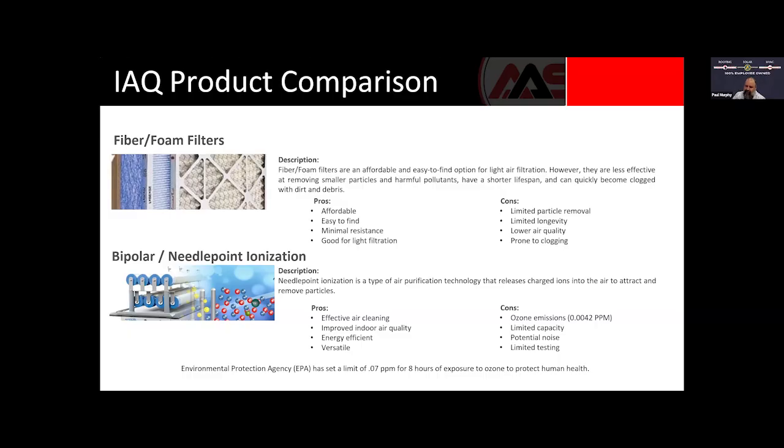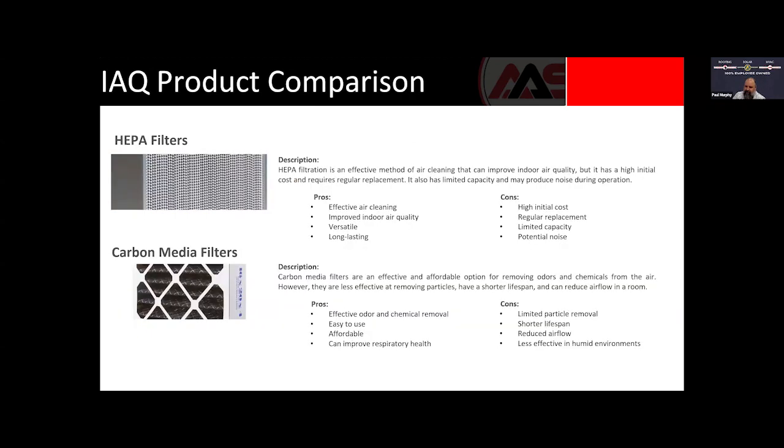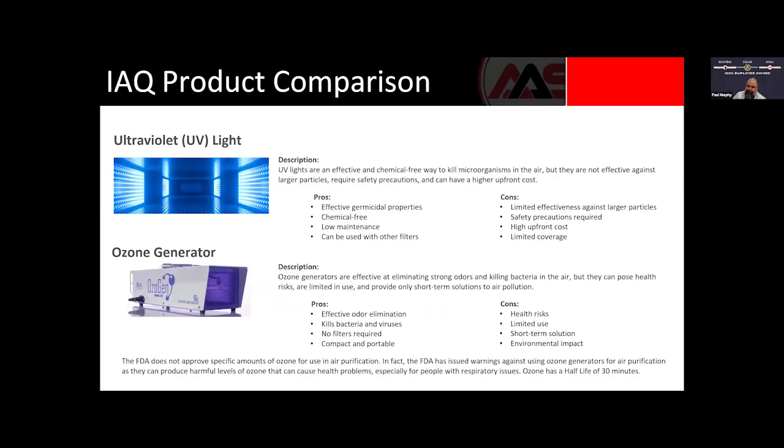Another thing is that those bigger particles are easier to catch in a filter that does not have as high a MERV rating. So you can use a MERV 8 instead of a MERV 11, and you can capture more material because those particles combine and stick together.